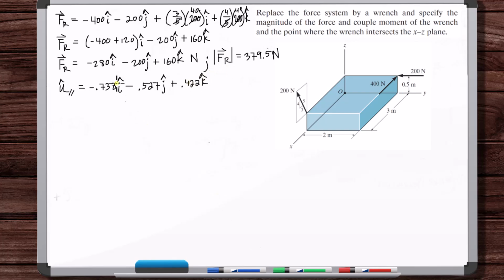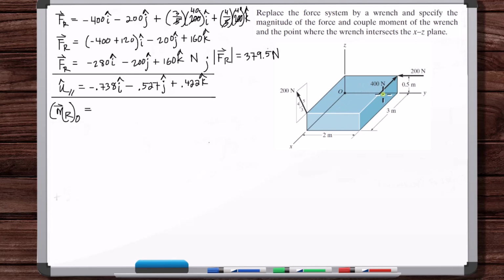Okay, we'll box this off here. Now let's get the resultant couple moment. This is the vector about point O. So this 400 Newton force here causes rotation about the y-axis and the z-axis, but not the x-axis.